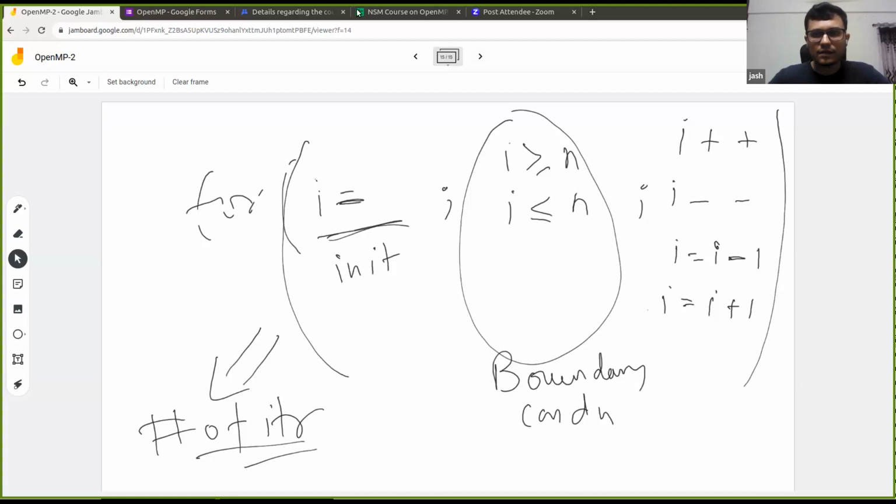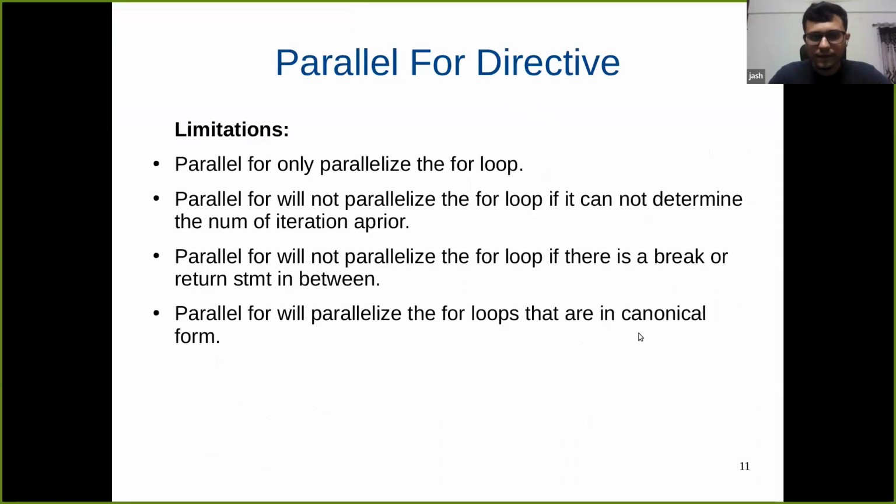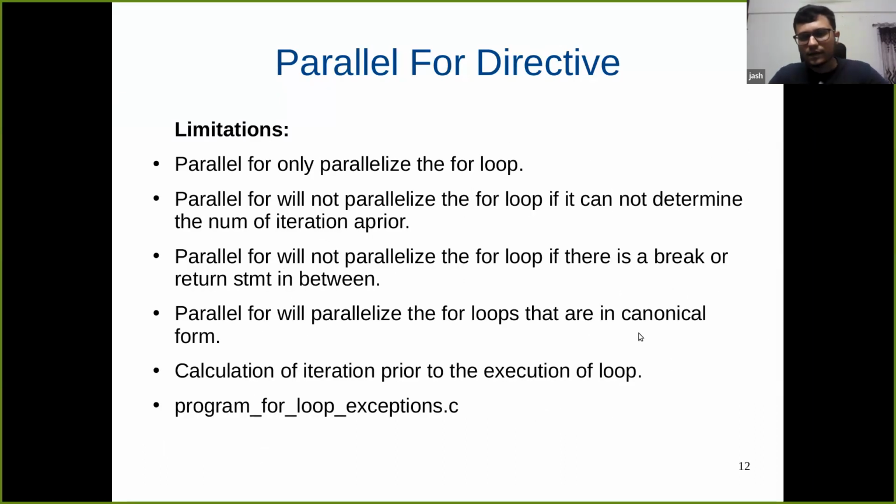So that is our fourth point. So let us quickly switch back. Basically this canonical or standard form helps in calculating the number of iterations prior to the execution of that loop, so that it can parallelize the loop. Basically, it can divide the loop among the number of threads.